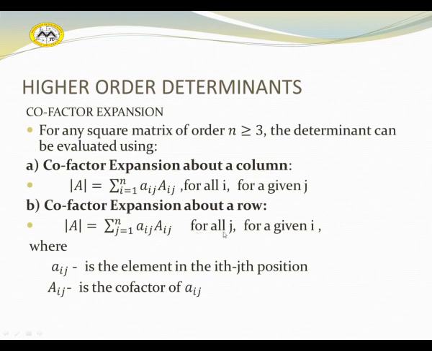This is for all j columns for a given ith row. And these are the a_ij, which refer to the element at the ith, jth position, and the capital A_ij here is the cofactor of the element at ij.